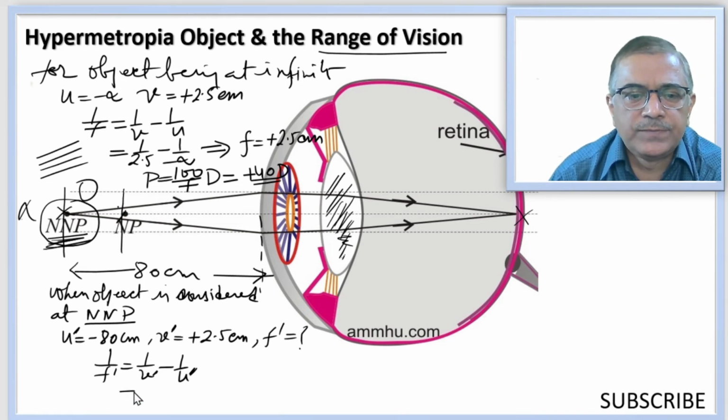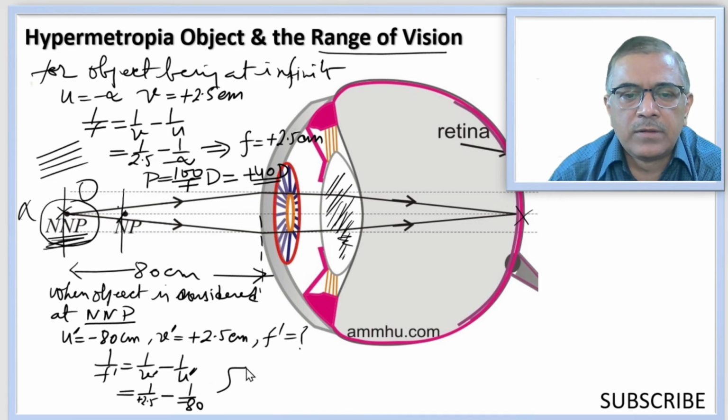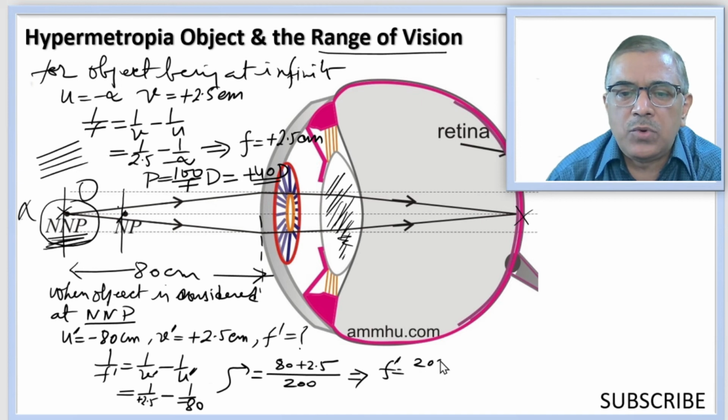Substitute these values. This is 1 by plus 2.5 and this is minus 80. Take 200 as LCM. Now as you take 200 as LCM, what you should get is 80 plus 2.5, and this implies that the focal length in this context is 200 divided by 82.5.